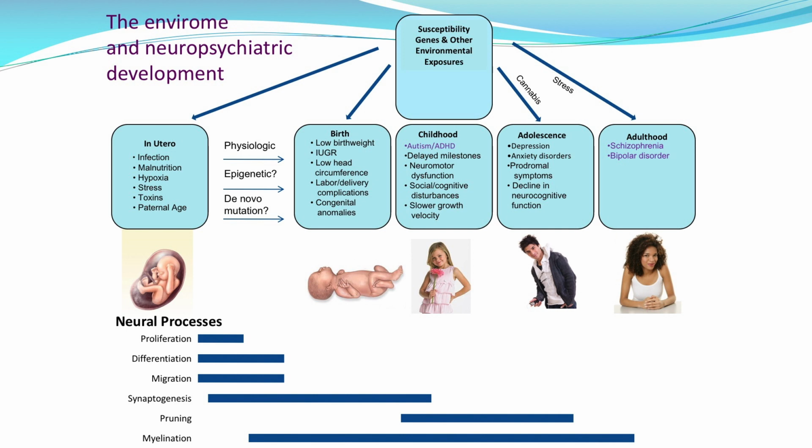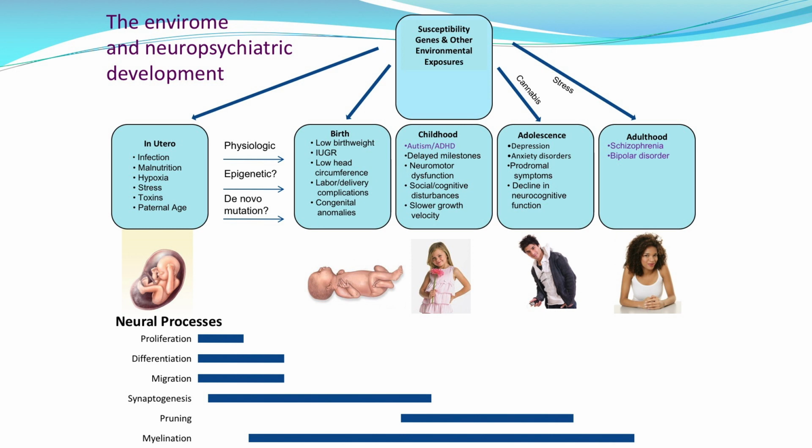It's a big issue in epidemiology, and the idea is to think about an initial insult that occurs in utero that may be any number of risk factors like infection, malnutrition, hypoxia, toxins, and I'll be mentioning some of these today. And so the idea of this model is that there's an initial insult that occurs in utero, and then through either physiologic or possibly epigenetic or other effectors, leads to a variety of abnormalities which manifest differently at different stages of development.